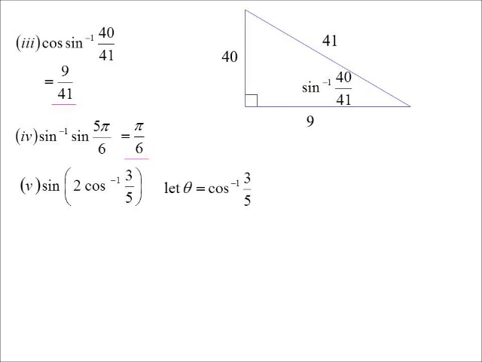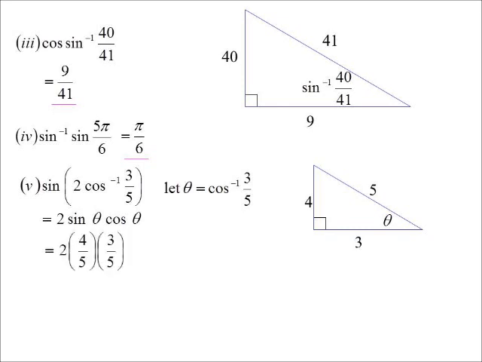And so I'll draw a diagram up again, if that's theta. Inverse cos is 3/5, so adjacent over hypotenuse. Bit of Pythagoras, I've got the other side. Now sine 2 theta, well that's 2 sine theta cos theta. Now I'll just read off my triangle. So I get 2 times 4/5 times 3/5, 24 on 25.